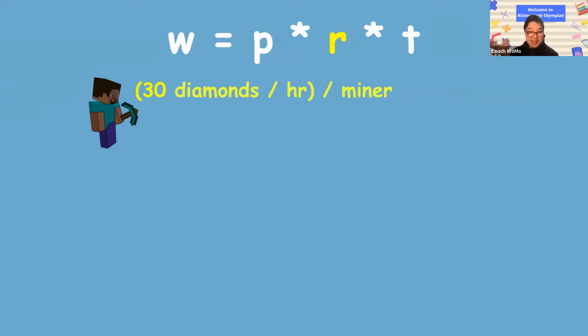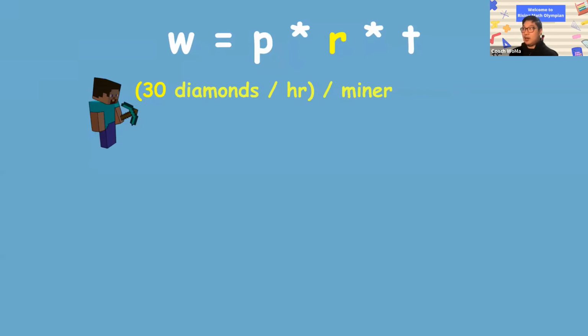This expressed in its units would look something like this, right? So per hour per miner, divide. And this as a fraction would be 30 diamonds over hours times miner. I'm just going to show you how to do that, in case you can also think of it like 30 diamonds per hour over miner.